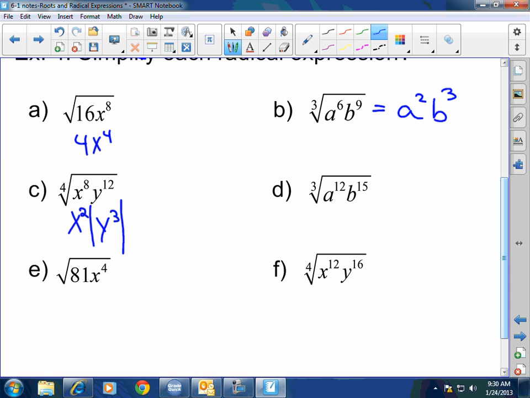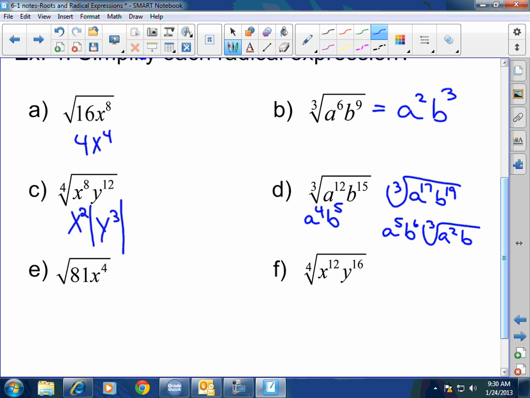All right, now, how about D? A to the 4th, B to the 5th. Done. Just for giggles, what if I had A to the 17th, B to the 19th? Okay, A to the 5th and B to the 6th, but then I have a cube root of what?